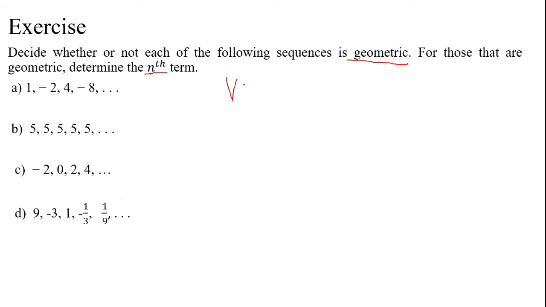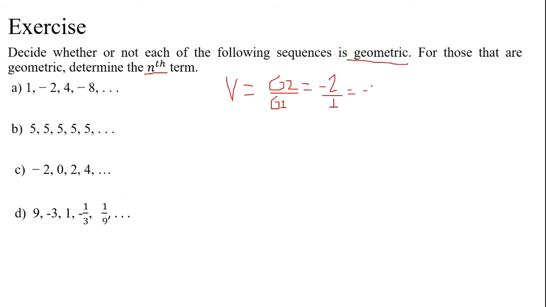G2 over G1. That means dividing the second term by the first term. So G2 it is -2 here. So put -2 on the numerator, over this 1 here. So this can be obtained as -2.